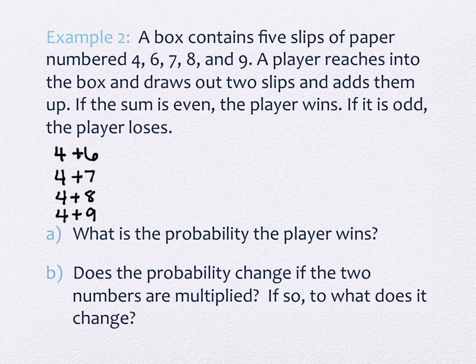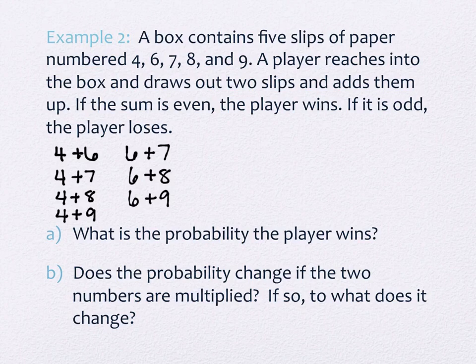There aren't any other possibilities. So maybe I don't draw a 4 at all, but I still draw a 6. Well, I'm not going to do 6 and 4 because I already listed that possibility. But I could draw a 6 and a 7, or a 6 and an 8, or a 6 and a 9. Notice there's one fewer because I already took into account the 4, 6.